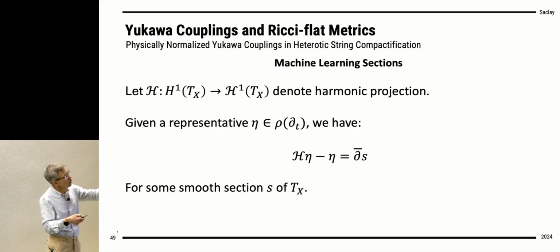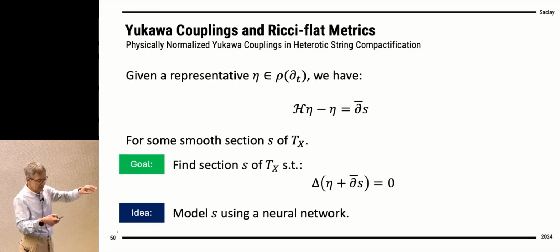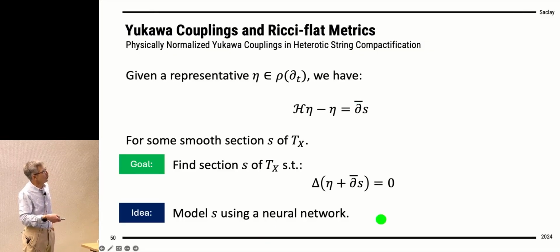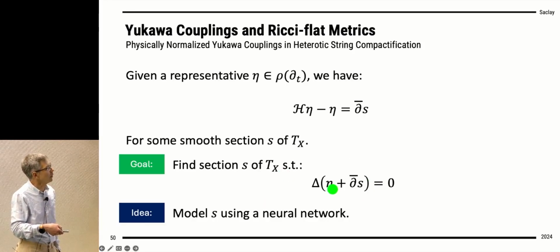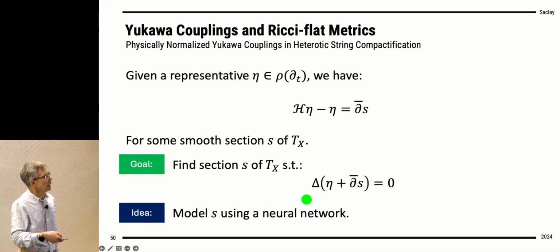The machine learning problem that we're interested in is solving this partial differential equation to find the harmonic representatives that are then going to be used in the calculation of these normalized Yukawa couplings.